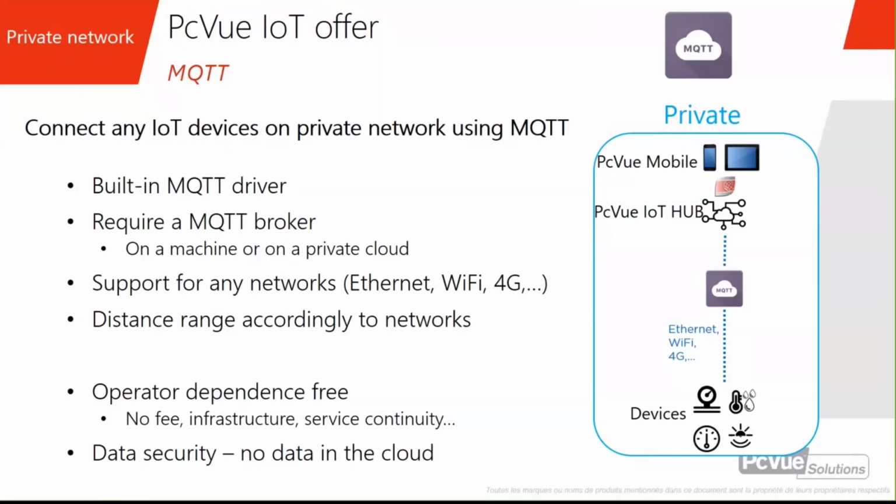This MQTT broker can be on a machine or on a private cloud, but in any case, the PcVue IoT Hub can connect to this broker. We support any kind of network, and as with all private infrastructure, it's operator free, so there's no fee, no external infrastructure, and the service continuity is really locally managed.